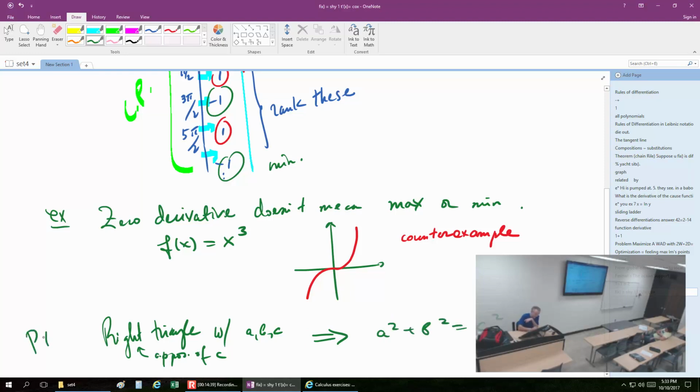That's the Pythagorean theorem, and that's how it is stated.